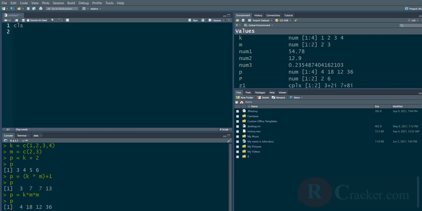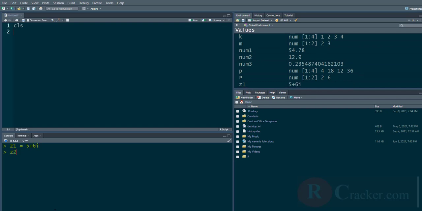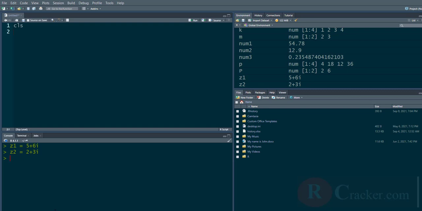Now we can introduce complex numbers. Let me have Z1 equal to a complex number, say 5 positive 6i, and Z2 equal to 2 positive 3i, complex numbers, and I want them to be added. Say Z3 is equal to Z1 added with Z2, and then I'm getting the output as Z3.